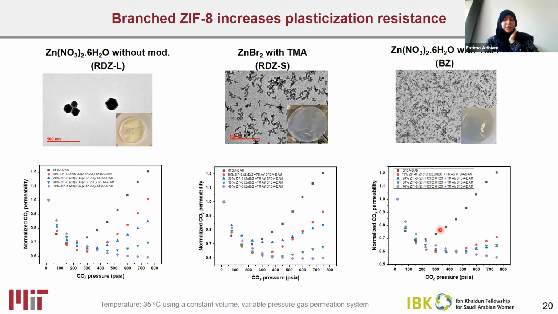However, in the case of the branch material, incorporation of even a small amount would result in the absence of this upturn curve, indicating that the branch material would significantly increase the plasticization resistance.